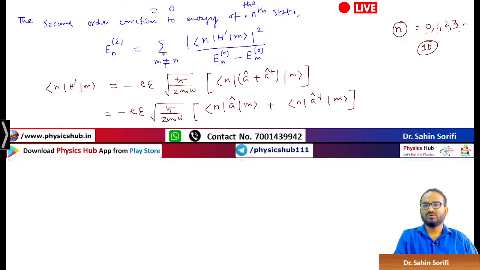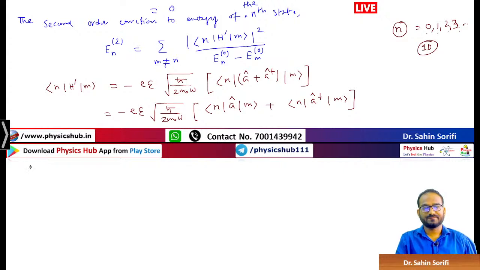So here the sum is being carried over m, under only one condition: m and n cannot be the same. What value of m will you choose here so that you get a non-zero term? All the other terms will give you zero, right? Which values of m can give you non-zero terms?